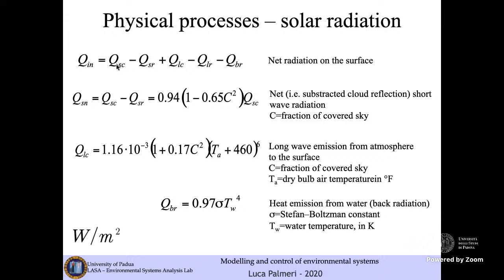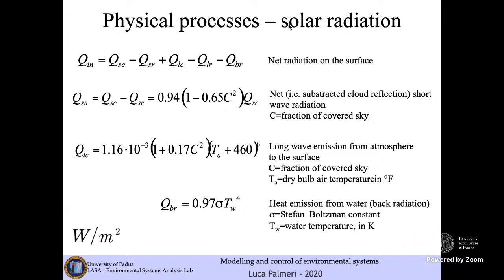In particular, here is the short wave absorbed by cloud minus the short wave reflected by cloud, plus the long wave radiation absorbed by cloud minus the long wave radiation reflected by clouds, minus the black body radiation that is a reference value.